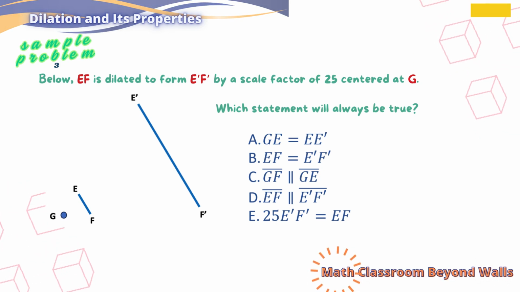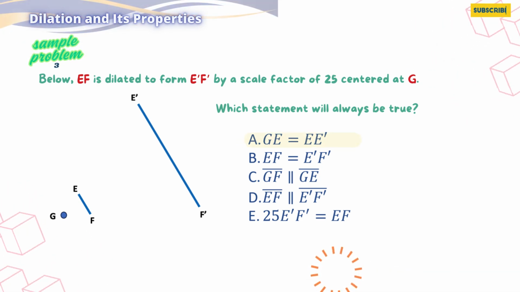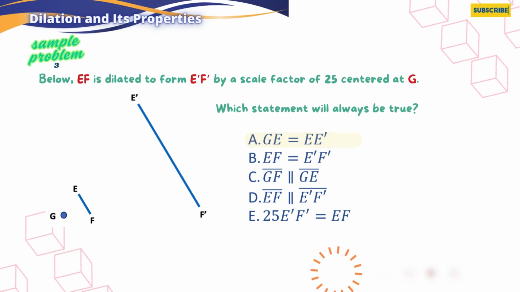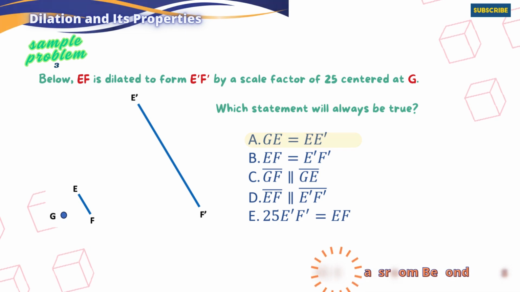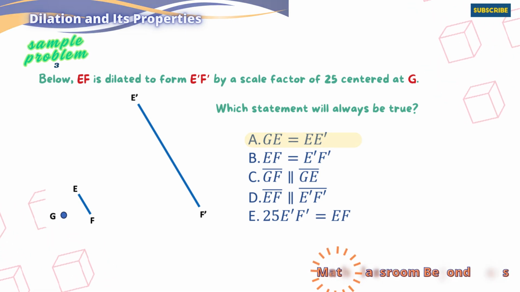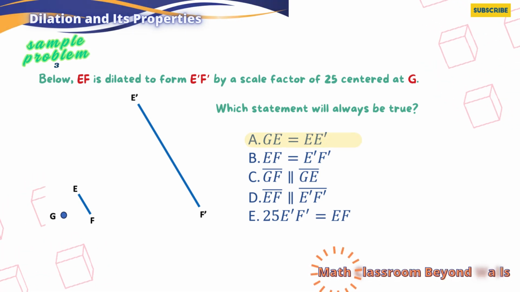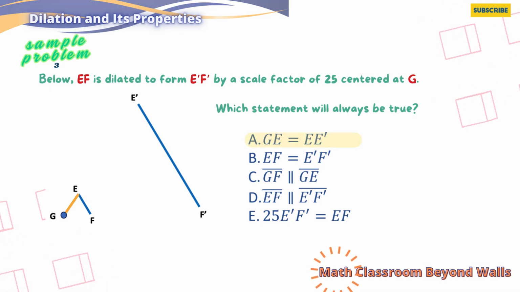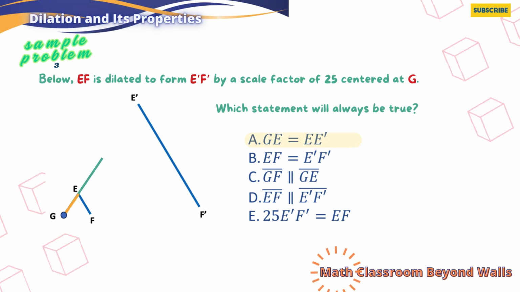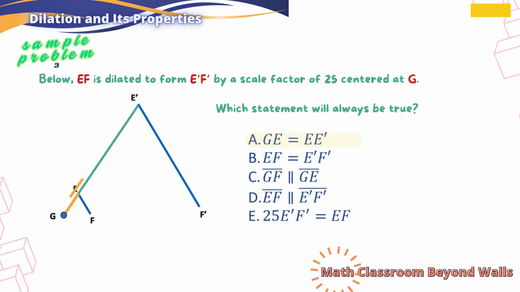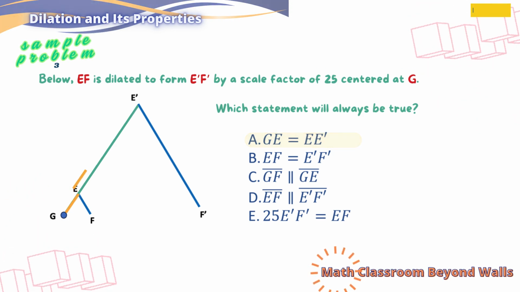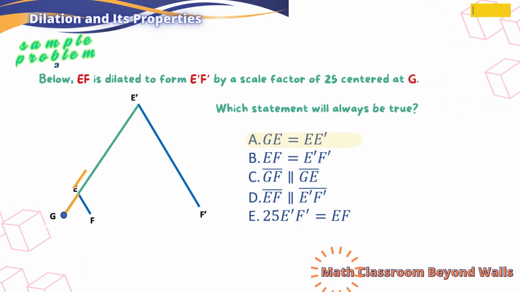Let's go. Let us look at option A, which says the measure of GE equals the measure of E prime. Where are these, learners? Okay, so G is here and E prime is here. Are they equal? We see that the statement is not true. They are not equal.